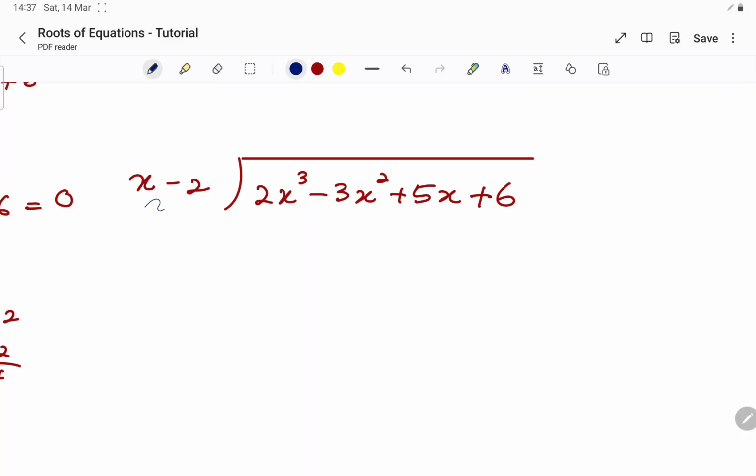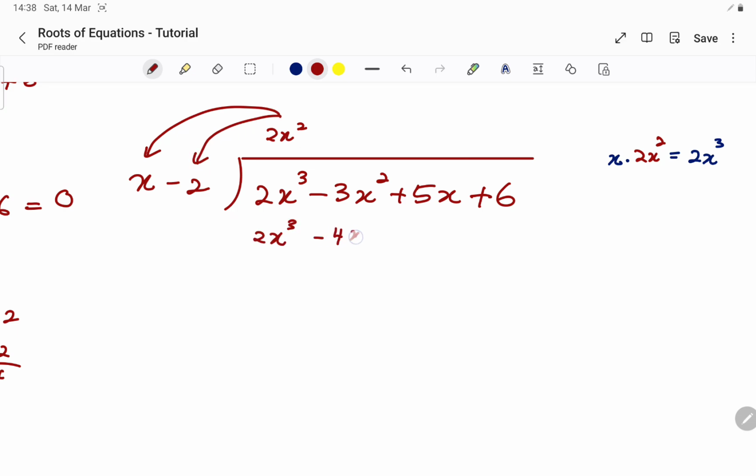Remember, the first step in long division is to look at the first term, x. What do we multiply with x to get 2x cubed? You get 2x squared, so you put 2x squared on top. After that, we do multiplication term by term. 2x squared multiplied by x gives 2x cubed. 2x squared multiplied by negative 2 gives negative 4x squared.